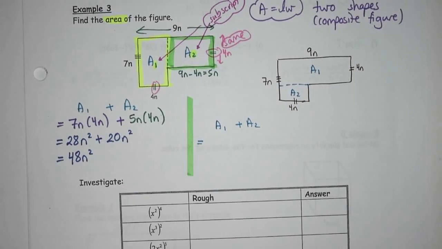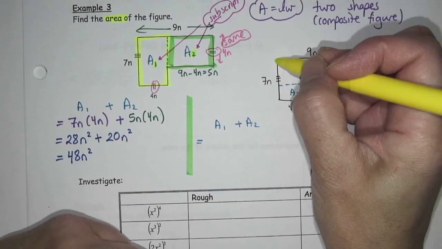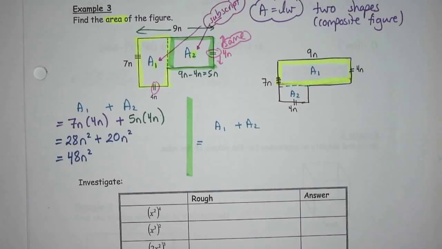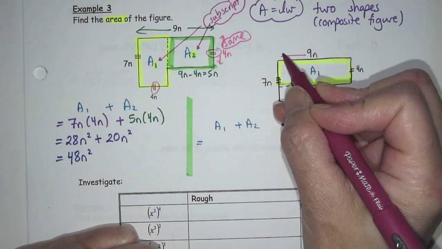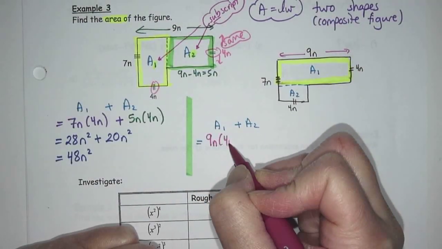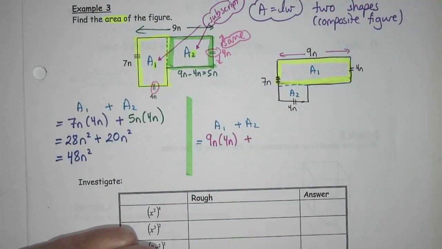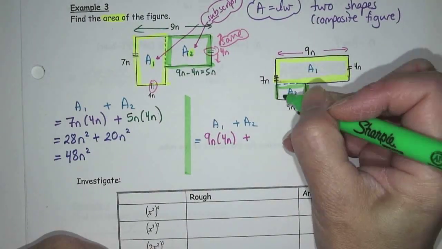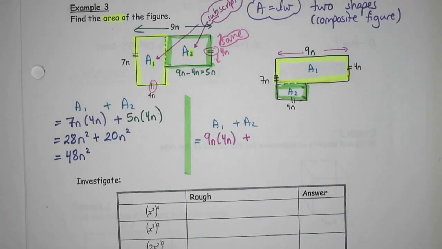So this here, looking at the big area, so this would be area 1, like that. So for this one, area 1 would be 9 by 4. So 9n by 4n plus, and then this area 2, so you should get the same answer, is going to be, now let's see what we are missing here.